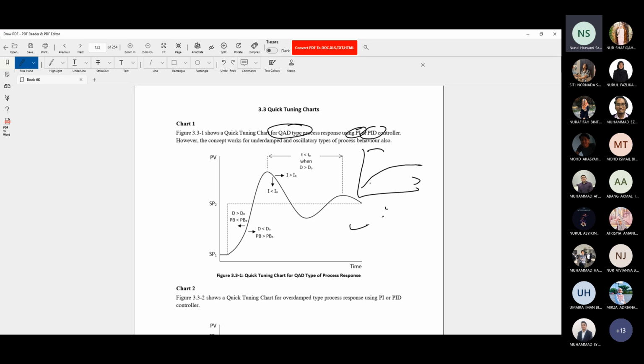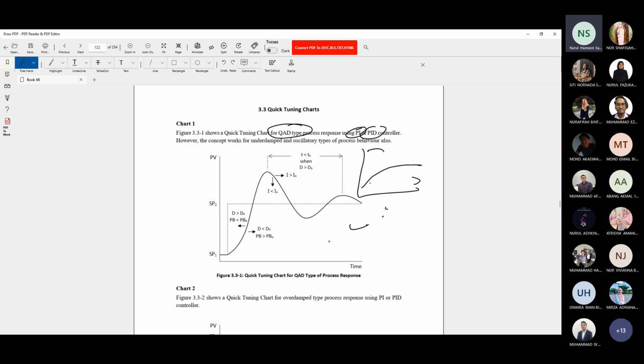Because you already make an adjustment, then you need to change the setting lah.